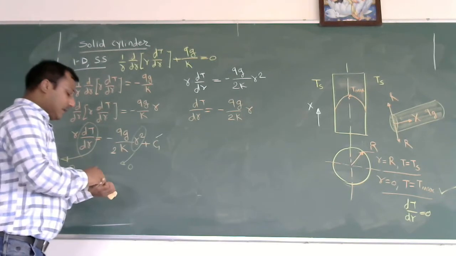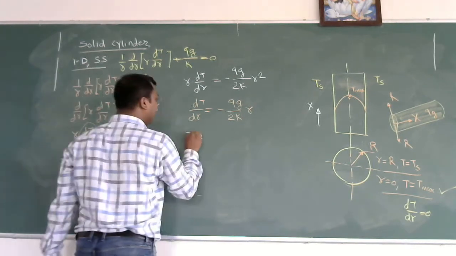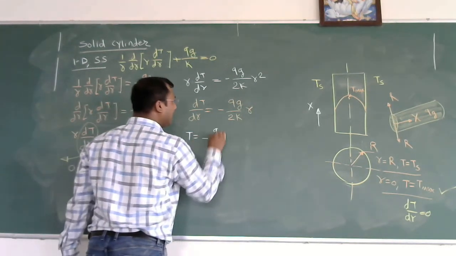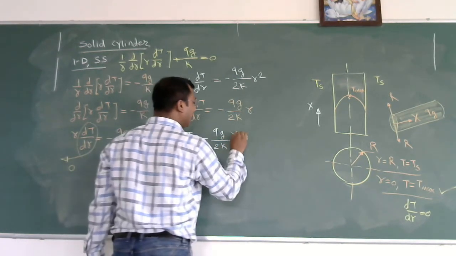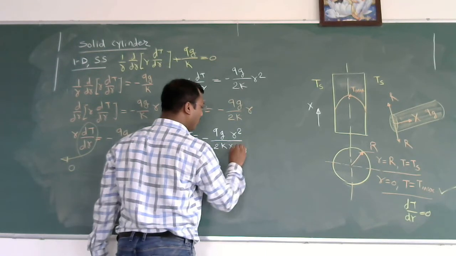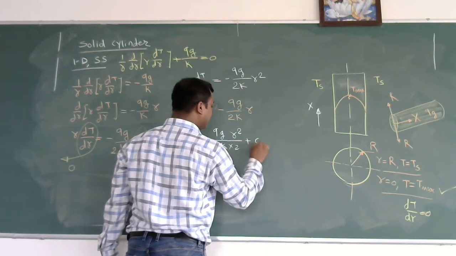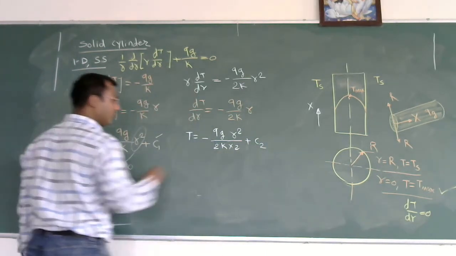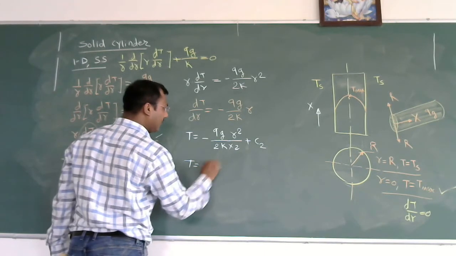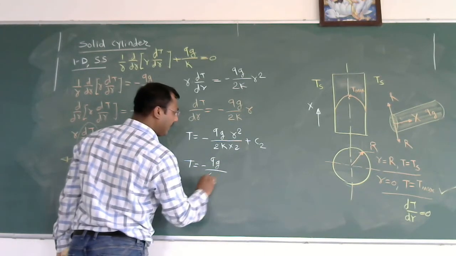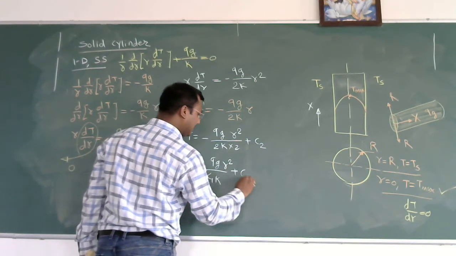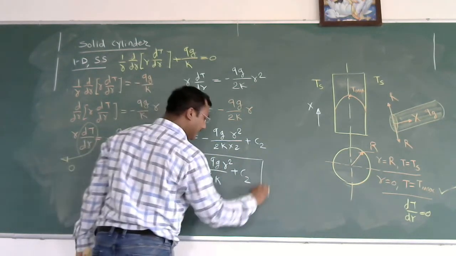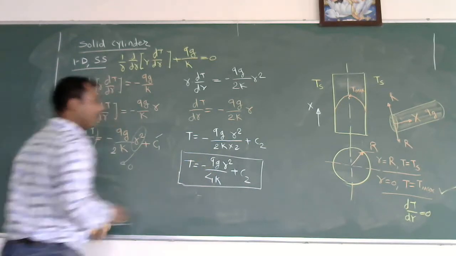Now take the second integration. So I will get T is equal to minus Qg by 2k into r square by 2, plus C2, the next constant of integration. So T is equal to minus Qg by 4k into r square plus C2. So this is one more general solution.